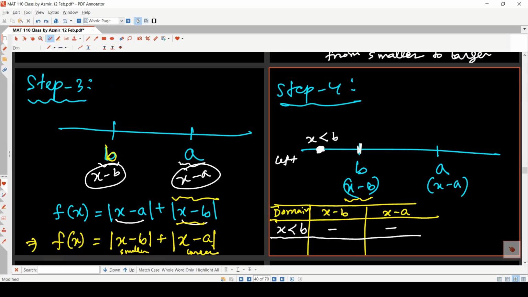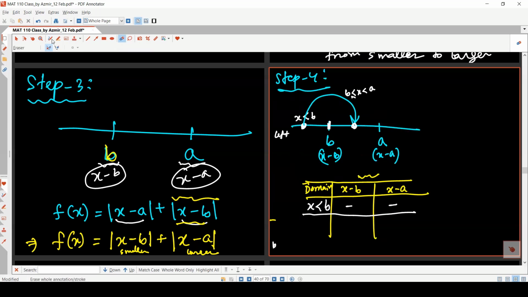Then we will take another point in between b and a. This position can be defined as b less than x less than a. Since it is crossing b, so there will be also an equal sign where we have b.